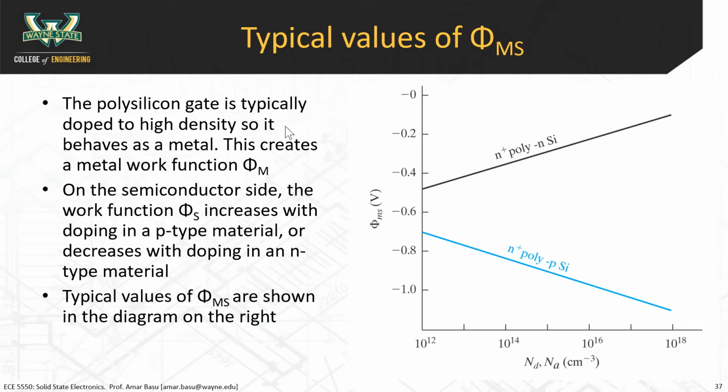Why were polysilicon gates used pretty frequently? Well, in the standard model of the MOSFET, we have the metal, then the gate material, and then the semiconductor. When you're actually manufacturing the device, I'll go over the manufacturing process in a little bit.